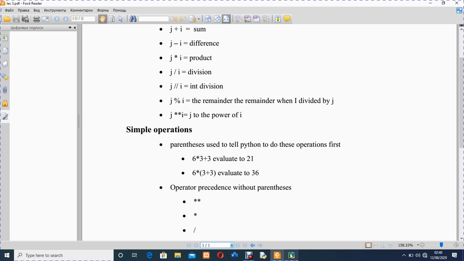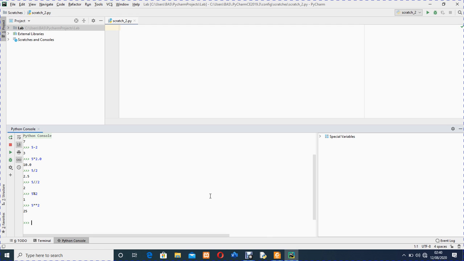For instance, I have 6 times 3 plus 3, my result is 21, while for 6 times 3 plus 3 in parentheses, my result is 36.